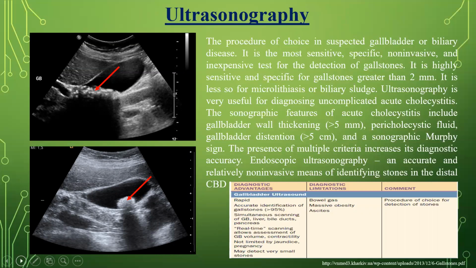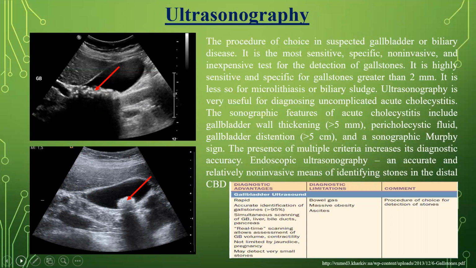Endoscopic ultrasonography is a very accurate and relatively non-invasive test to identify stones in the distal bile duct system. Diagnostic limitations are bowel gas, massive obesity, hypersthenic people, or ascites.